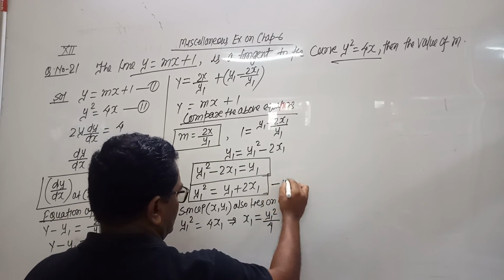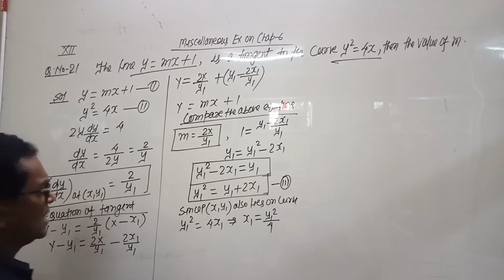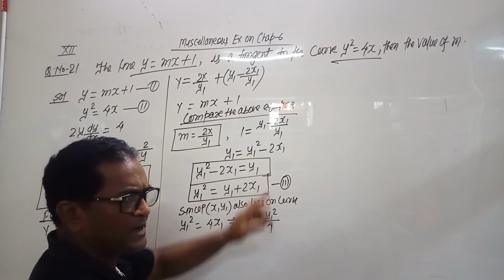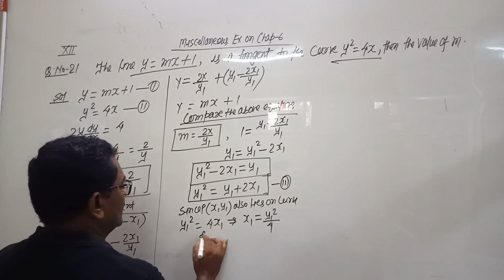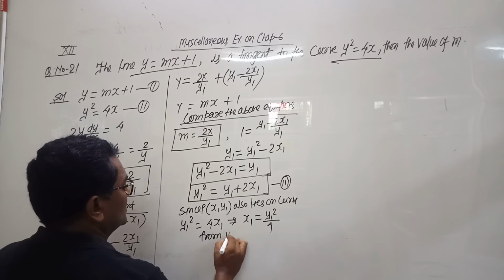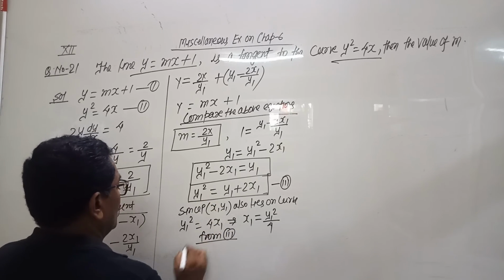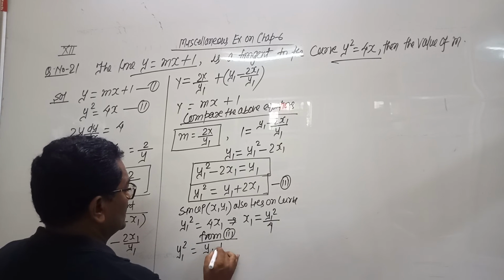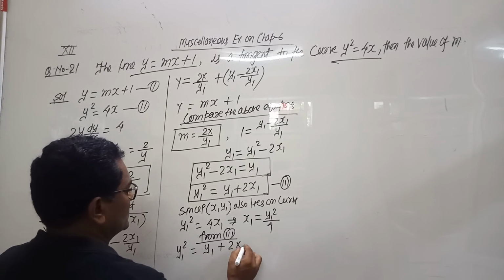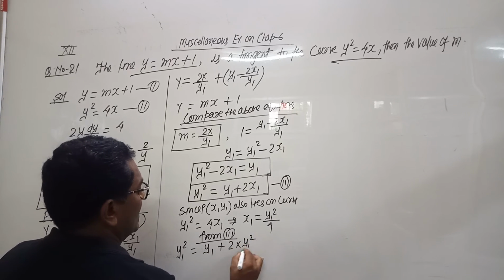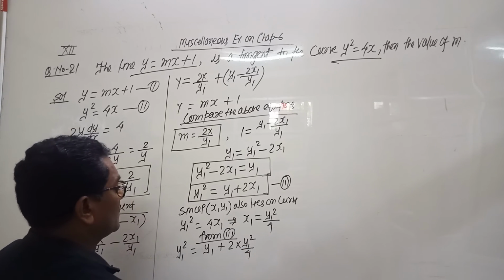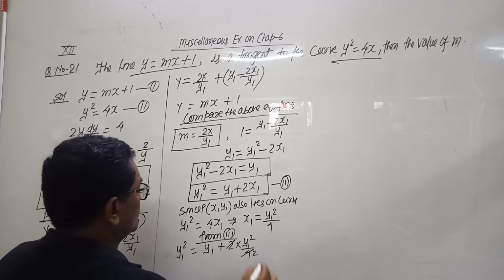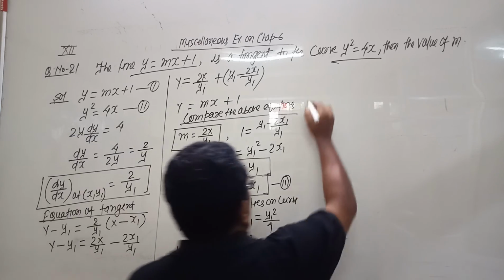Name it third equation. Then put the value of x1 in equation number 3. So from 3, y1 square equals y1 plus 2, the value of x1 is y1 square by 4. 2 into 2, 4.